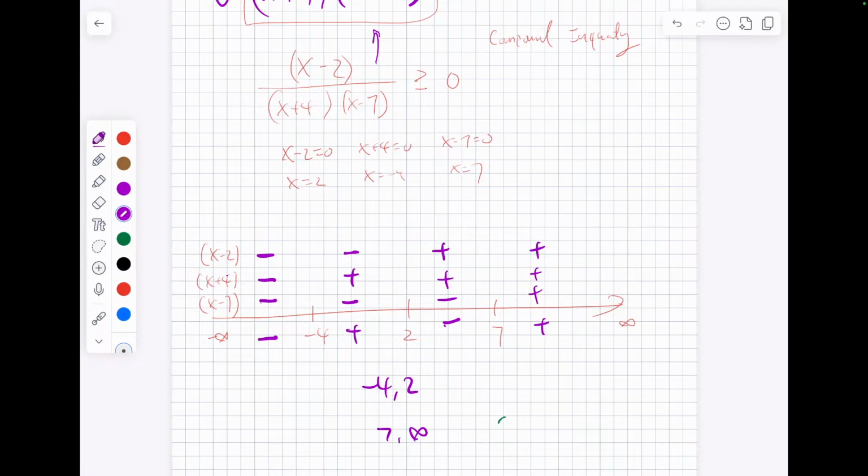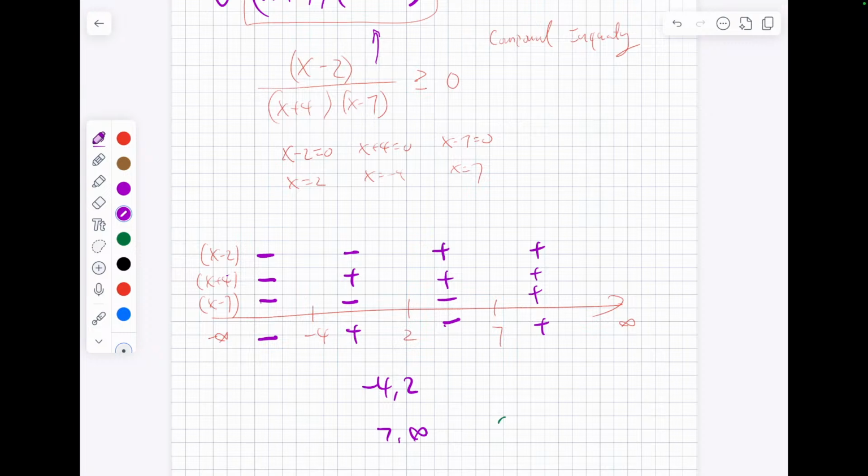Here's what you have to be cautious about. Is negative 4 included or not included? Not included.